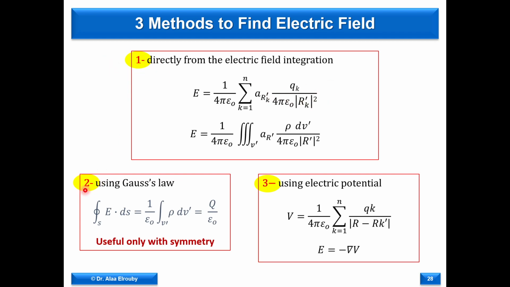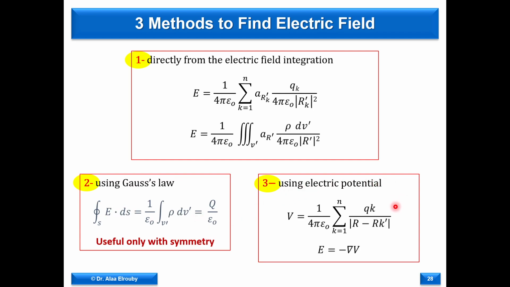Method number 2, when we have symmetry, is applying Gauss's law. We choose a Gaussian surface where the electric field is normal to the surface and uniform on it, so that we can use Gauss's law in solving those problems. Using Gauss's law is only useful when there is symmetry, but Gauss's law is always true.